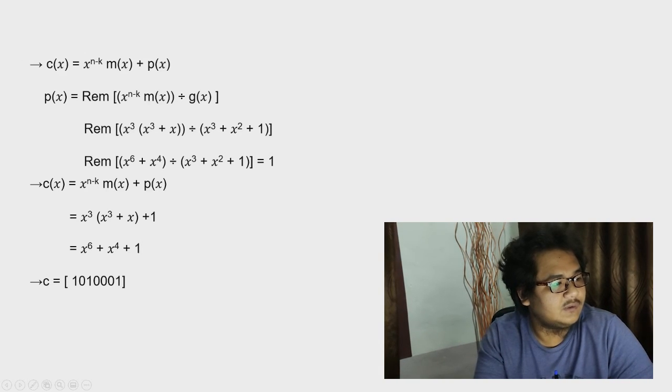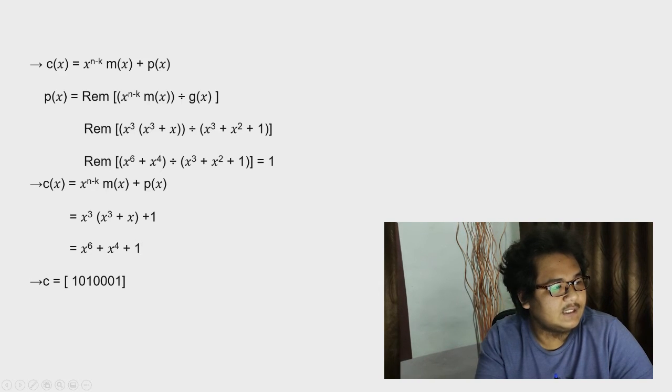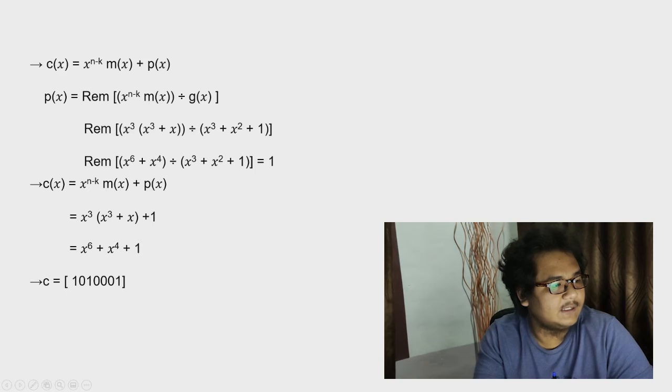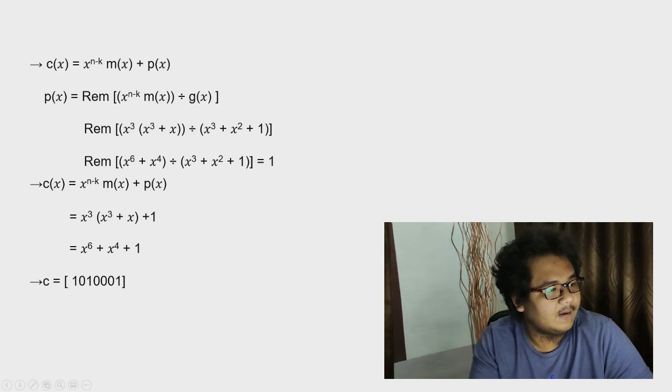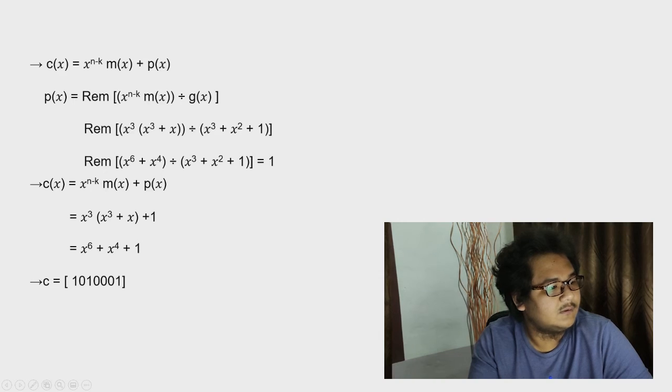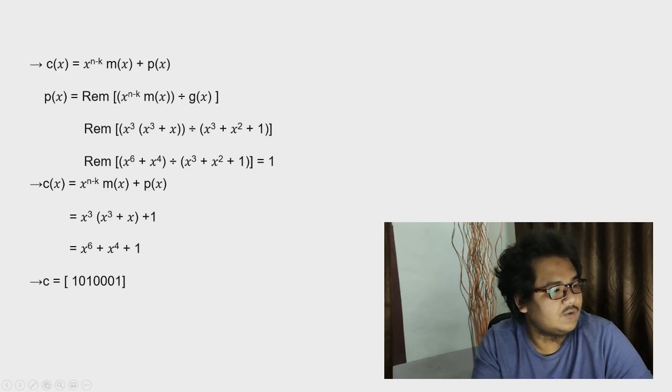Then we go to c(x), which is x to the n minus k times m(x) plus p(x). We just substitute from earlier, which is x cubed plus x, and 1 is the remainder, which is p(x).